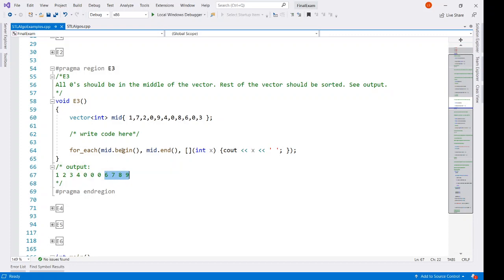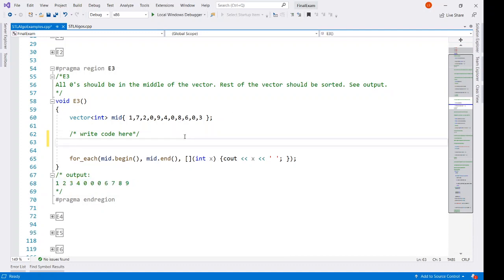First we need to bring the zeros together, and because the rest of the vector has to be sorted, let's do that by sorting the vector in ascending order. So we apply sort for the whole vector, from begin to end.